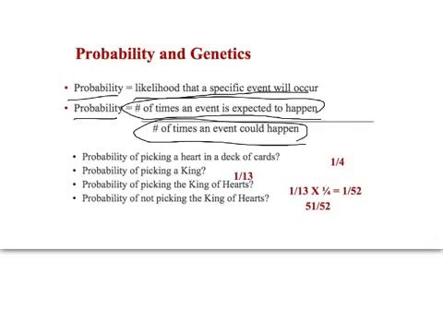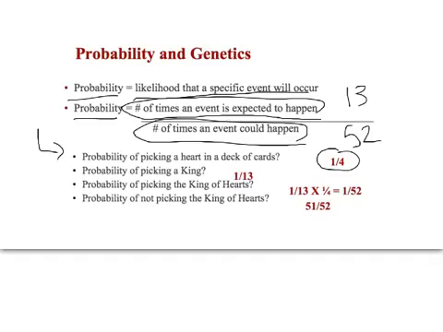So for example, if we were calculating the probability of picking a heart in a deck of cards, there are 13 heart cards in a deck of cards out of 52, so that would reduce down to 1/4.